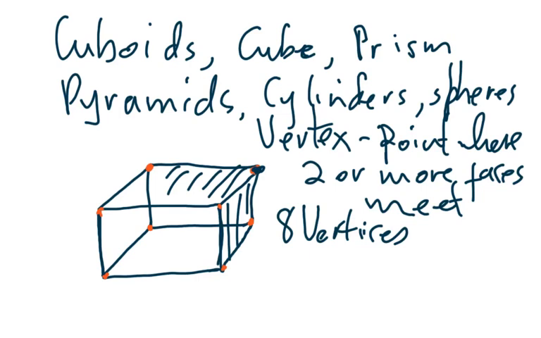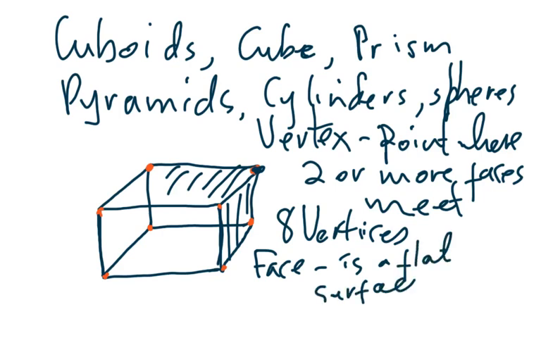The next part of a cuboid, let's talk about a face. A face of a cuboid is basically a flat surface, which is really a polygon. So a face of a cuboid would be that surface, that other surface on the other side.